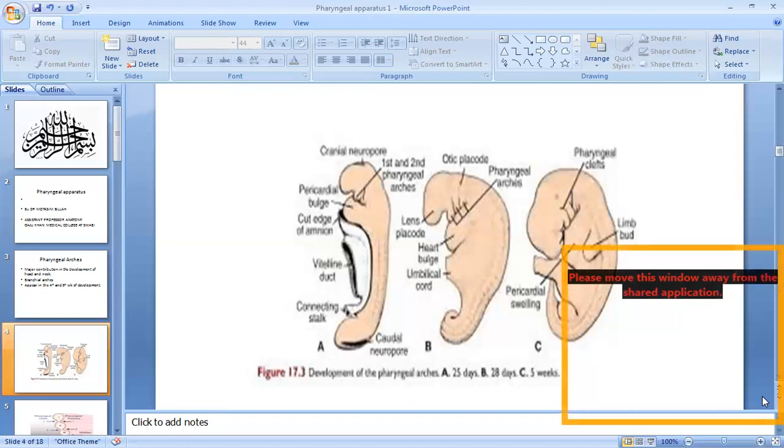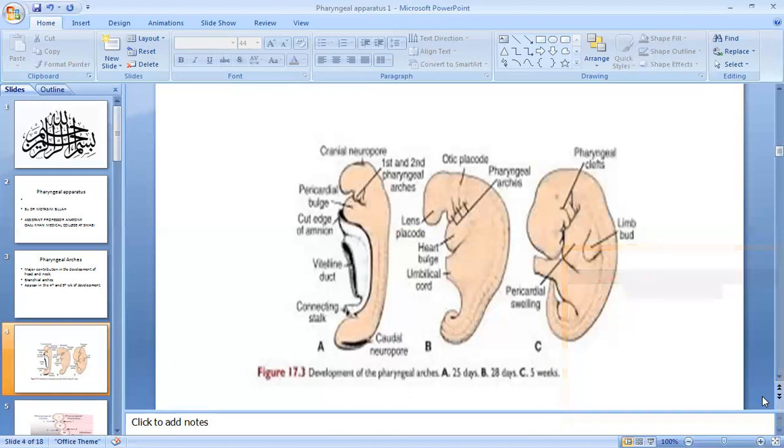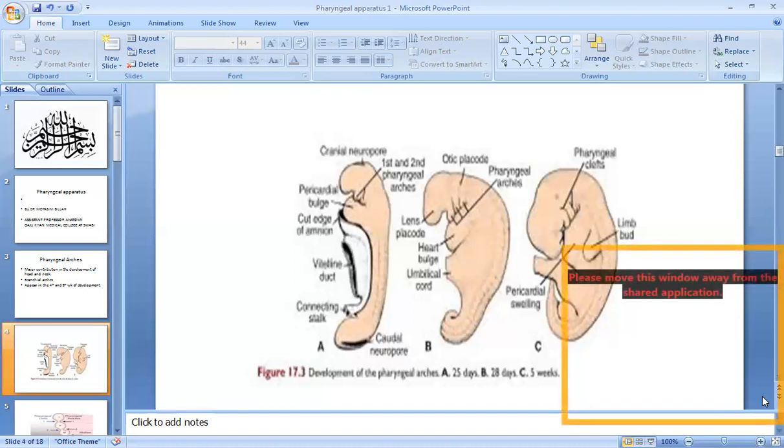And if you see at the 5th week, you can appreciate these pharyngeal arches along with a narrow groove toward the surface, which is called the pharyngeal cleft. We will discuss it today. It is bilateral. On both sides, these pharyngeal arches and pouches are there from the midline, and we see it in the lateral position on the one side.